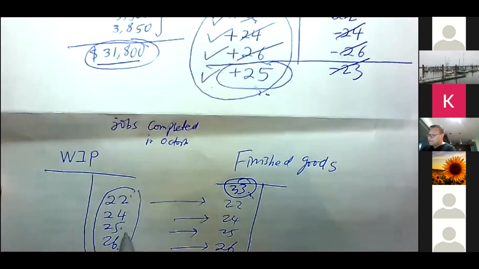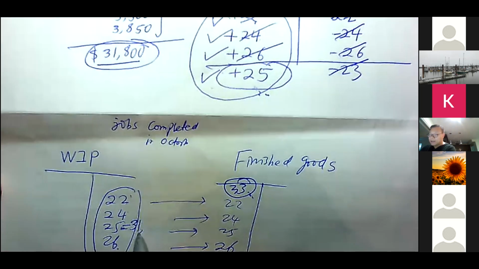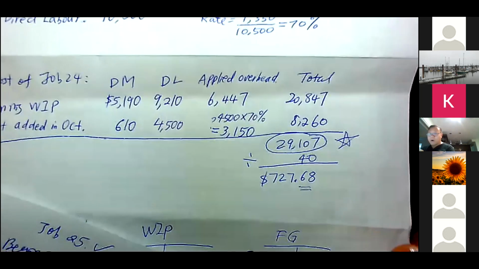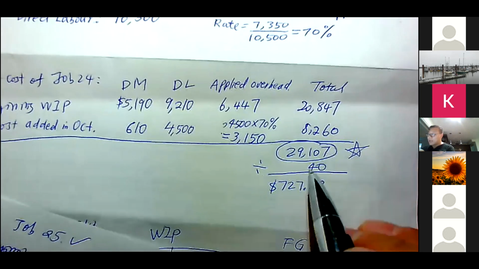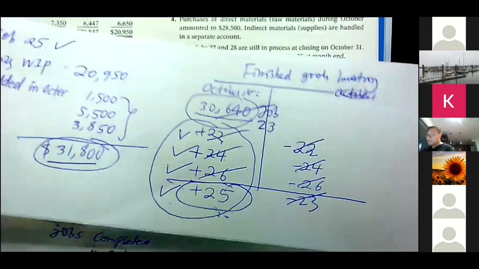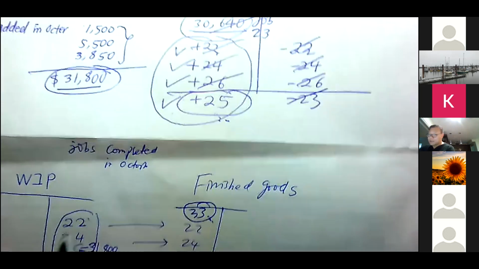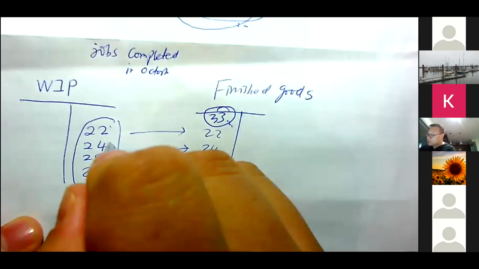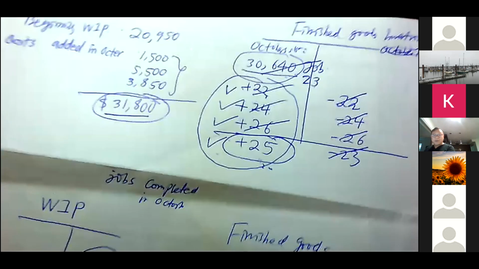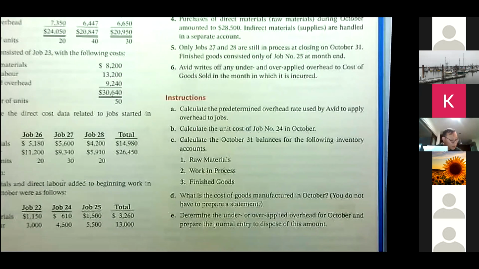Job 25, we calculated already: 31,800. And job 24, we calculated already: 29,107. So that leaves 22 and 26.